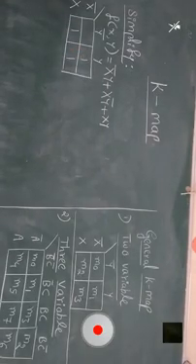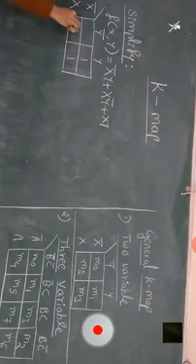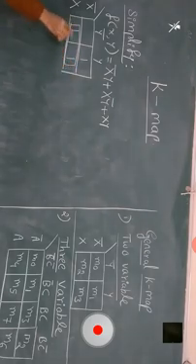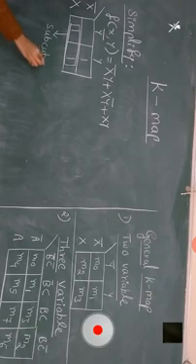Now what I have to do? I have to mark the adjacent ones in this way. See here. These are adjacent squares containing 1. This I will mark as sub cube 1.